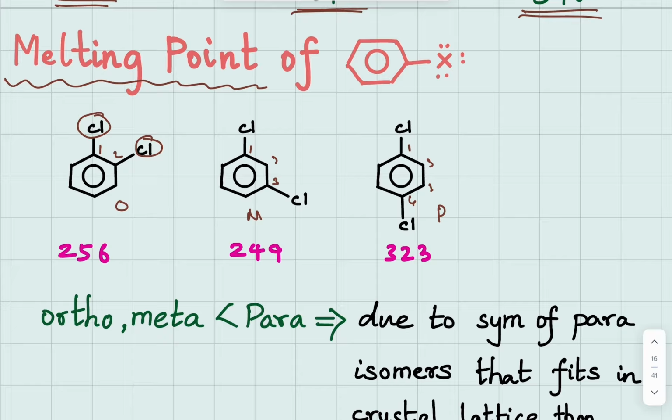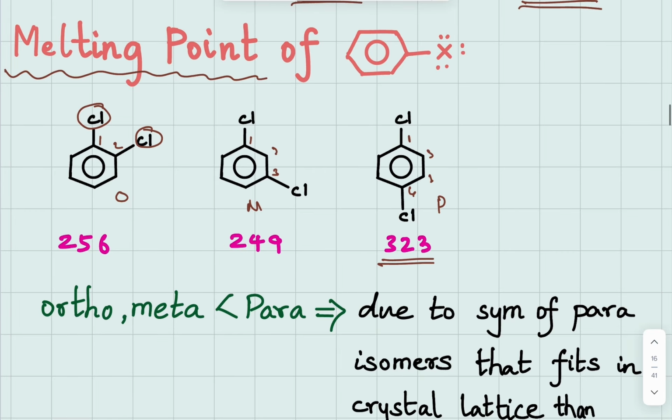In the ortho position I have 256 and 249, and in the para position I have 323. What is the meaning of this? The melting point depends largely on molecular symmetry and the crystal packing in the lattice system. If you want to generate a giant molecule, of an inorganic compound or an organic molecule, we definitely think about the crystal lattice.